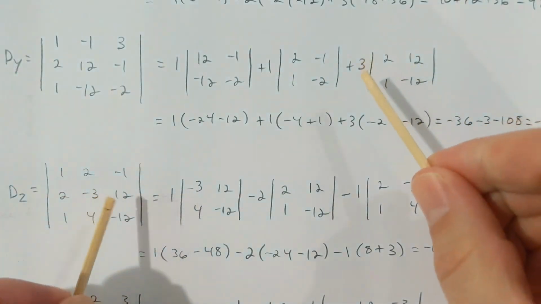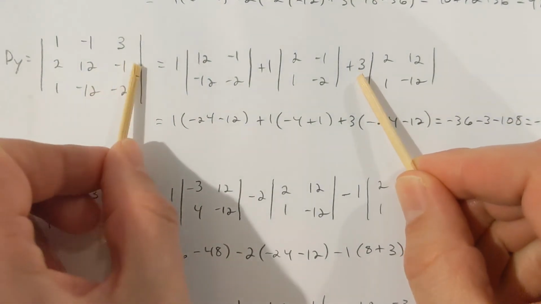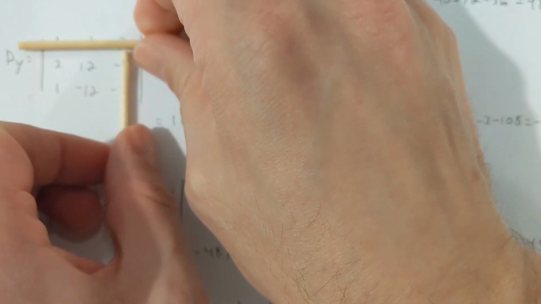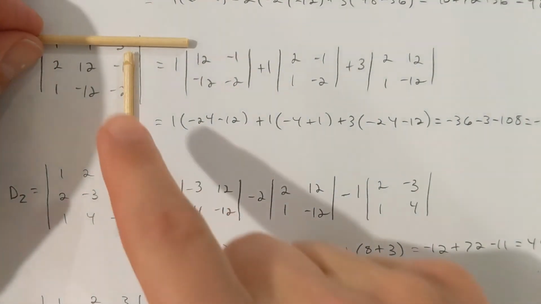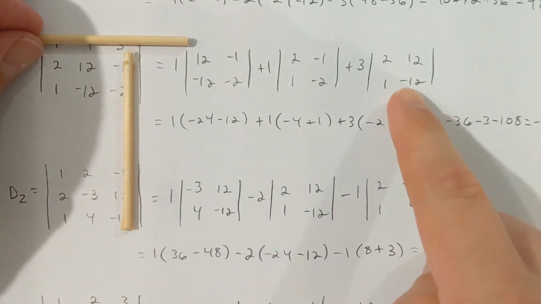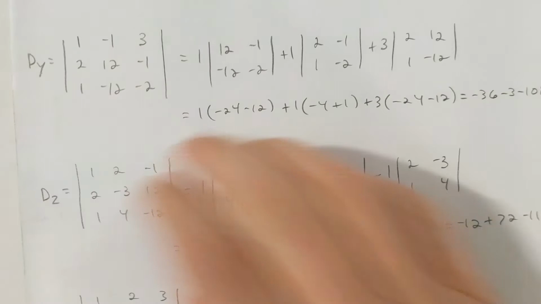And then plus 3 times the determinant found by when you black out row 1 in column 3. So you can see the last determinant there found. Okay, simplify that.